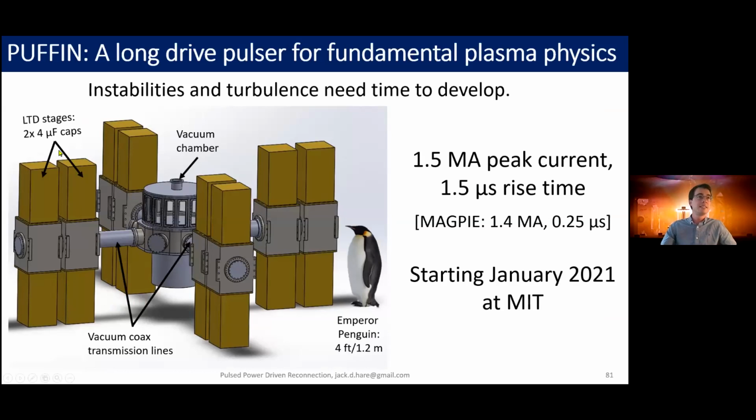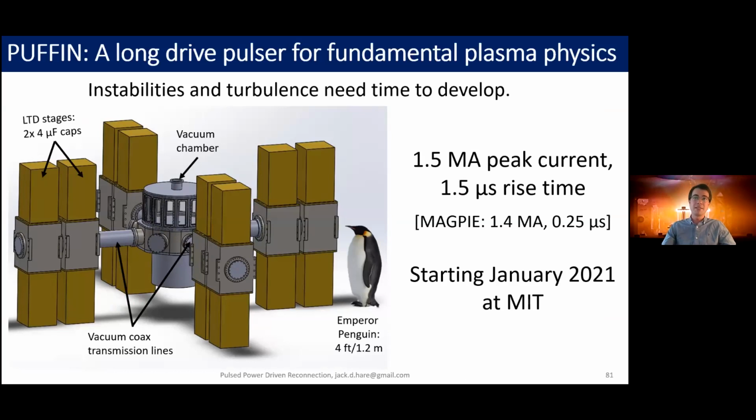So Puffin consists of these 8 LTD (linear transformer driver) stages, and each stage has 2 capacitors. And these discharge into a vacuum cavity, and the current pulse travels down these vacuum transmission lines into a central chamber. Now, Puffin is designed to deliver a 1.5 megaampere peak current with a 1.5 microsecond rise time.